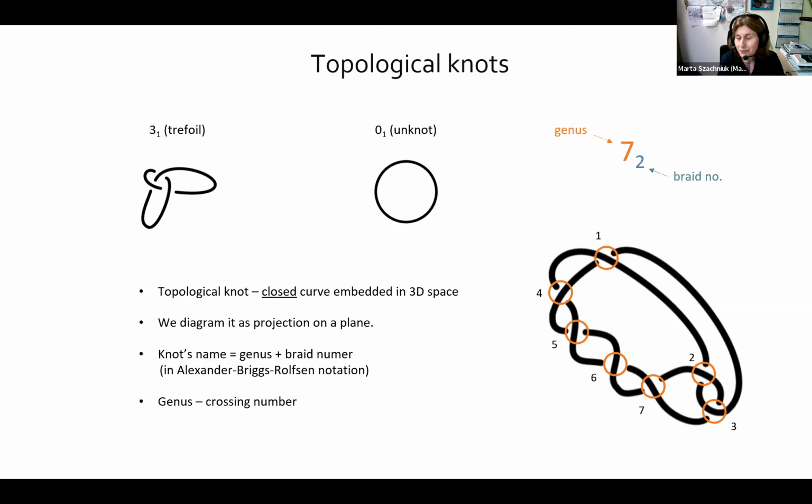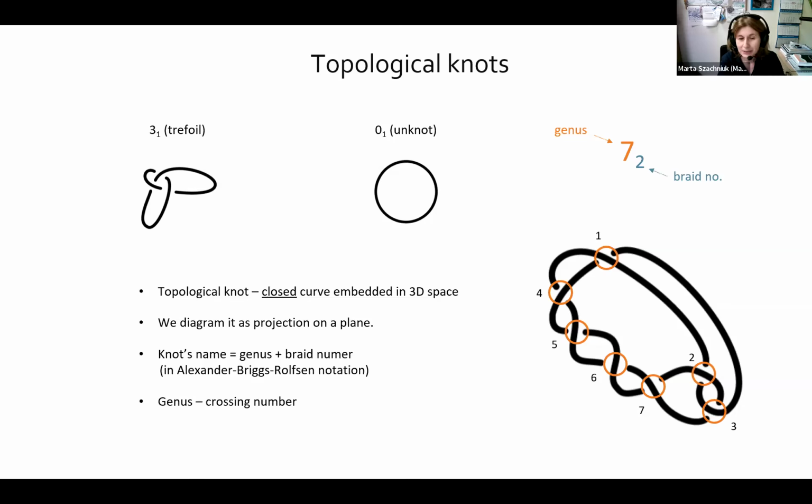And then we try to find out how many crossings we can see on this projection. And the number of crossings here determines the complexity of a topological knot. The crossing number is the so-called genus of the topological knot.